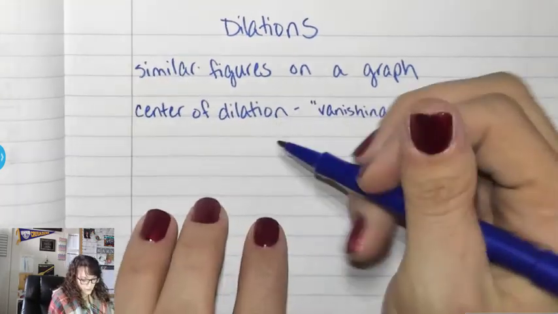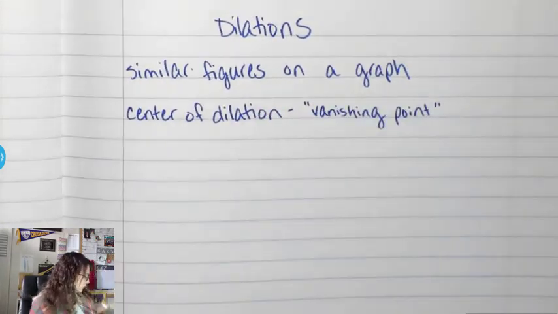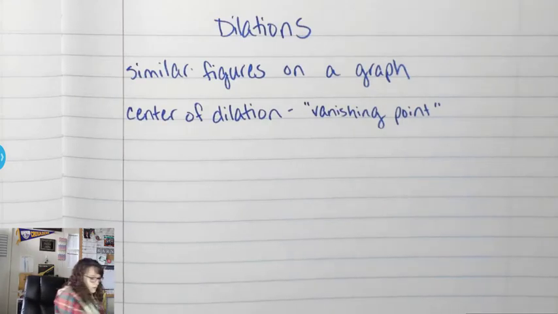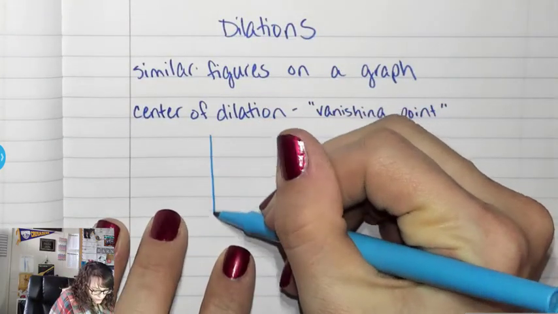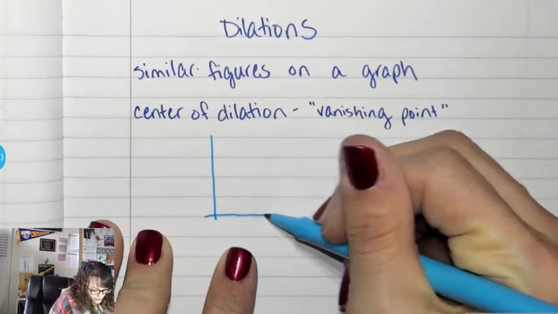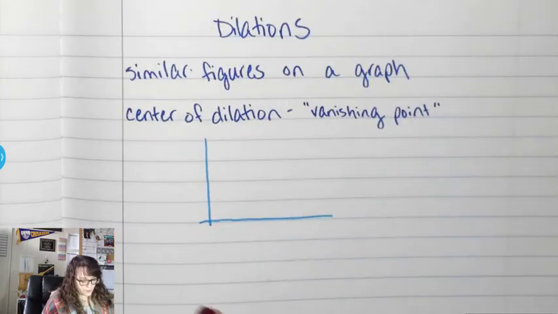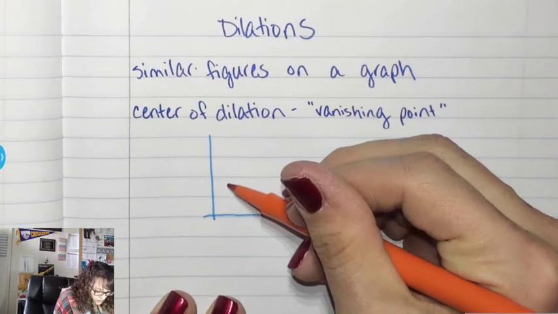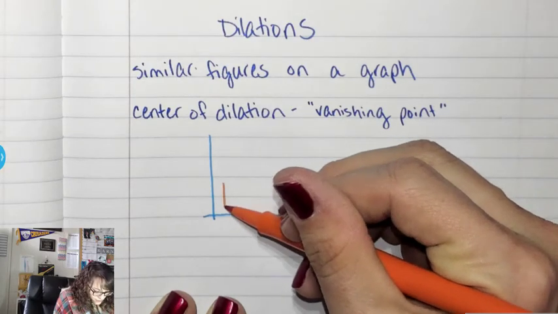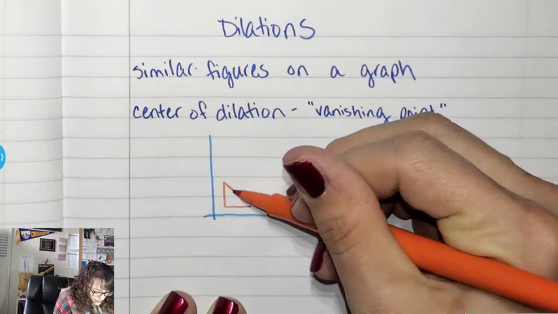If you had a little graph, just so that you have a visual in your notes, I'm just going to do positives. Your original triangle could look like this. Make it a nice little right triangle.